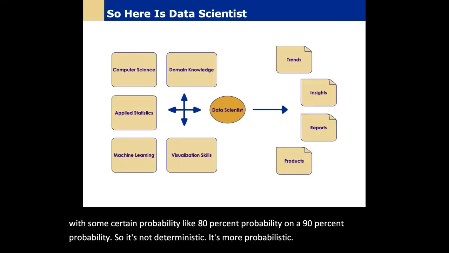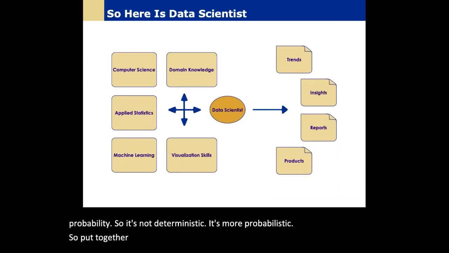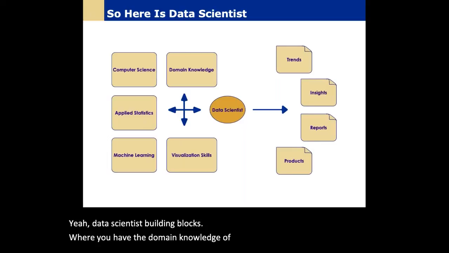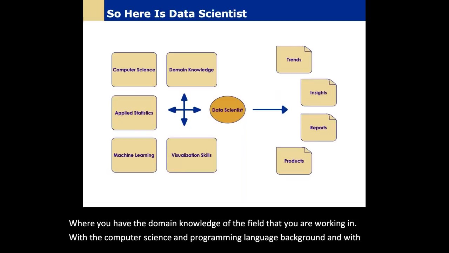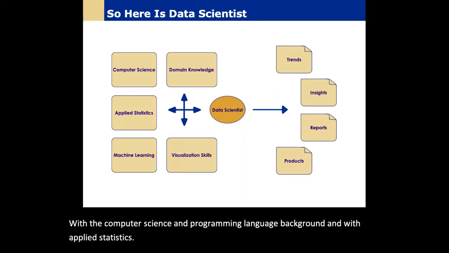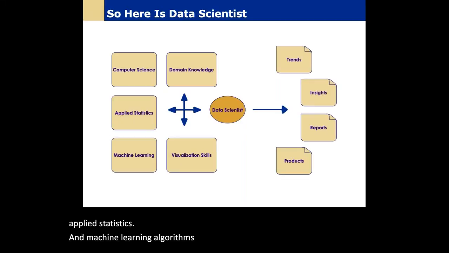So putting everything together, these are the data scientist building blocks: the domain knowledge of the field you are working in, the computer science programming language background, applied statistics and machine learning algorithms, and visualization skills.